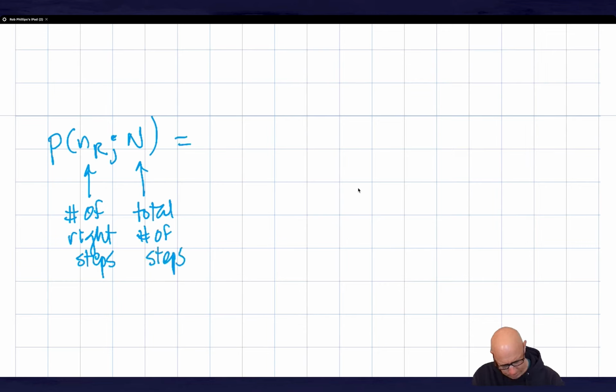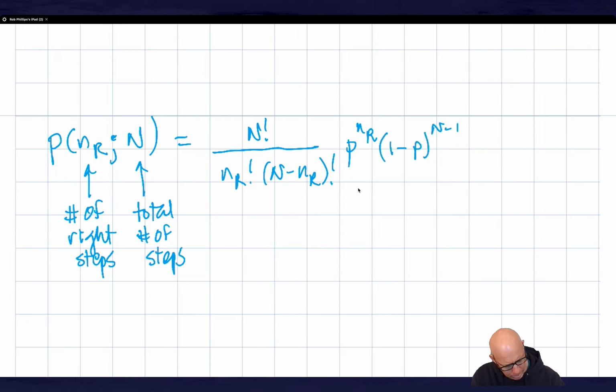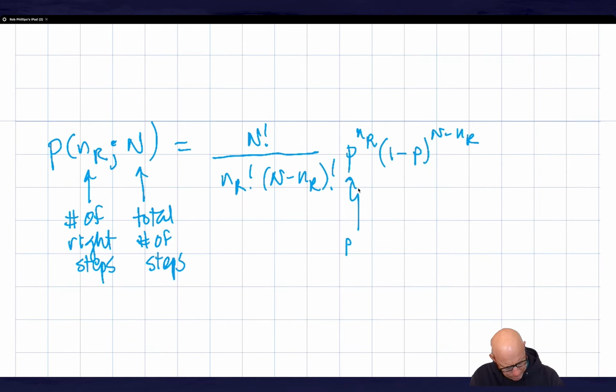This thing, as we already found in our earlier vignette about the binomial distribution, is given by this simple relationship, and I'm acknowledging the possibility that the coin flips are not honest, so this is a probability of heads.